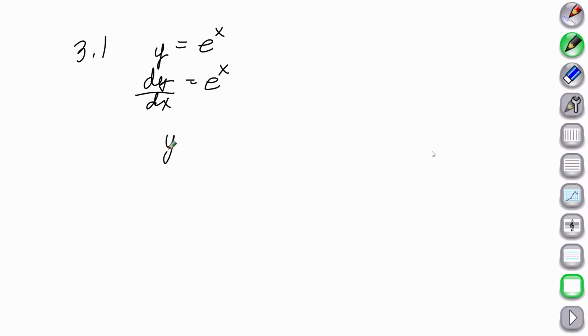If it's e to something else, we'll just call it u. It could be x squared, it could be x plus 2, it could be a whole bunch of things. Then the derivative is e to the u, and then we have to use the chain rule.